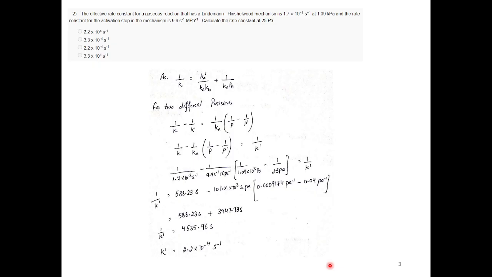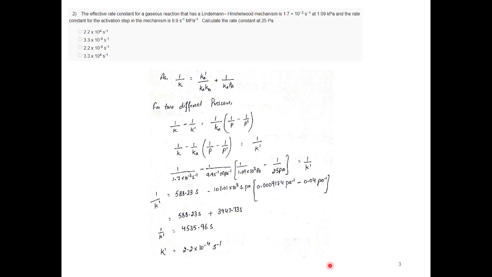If that is more, that means the probability of colliding with each other is less, and rather they collide with the wall, right? That means the possibility of reaction is less because they are not colliding with each other. As a result, they make more force and collide with the wall, right?